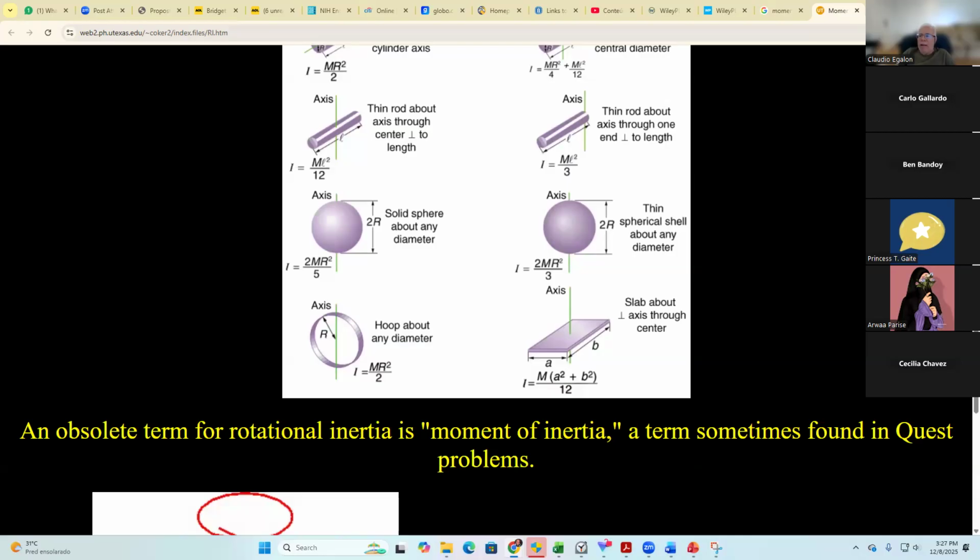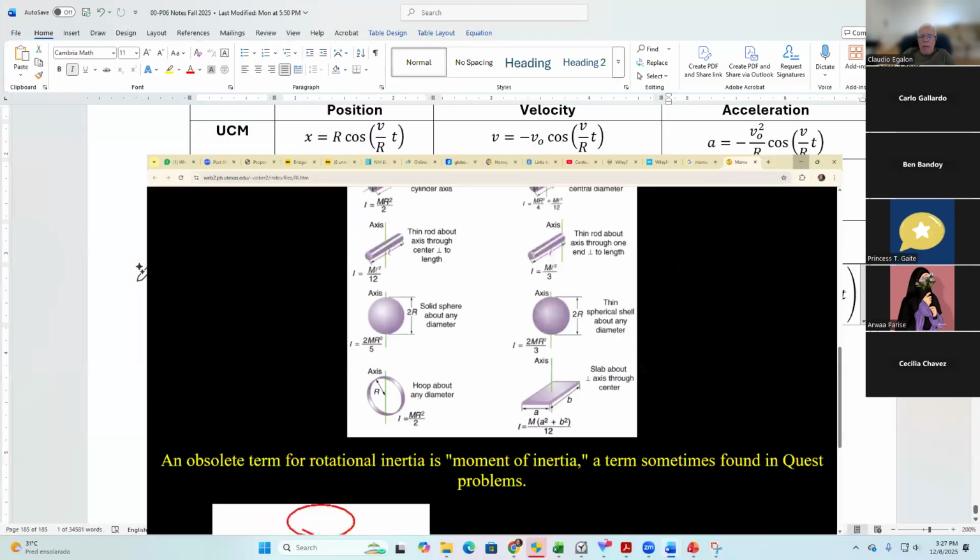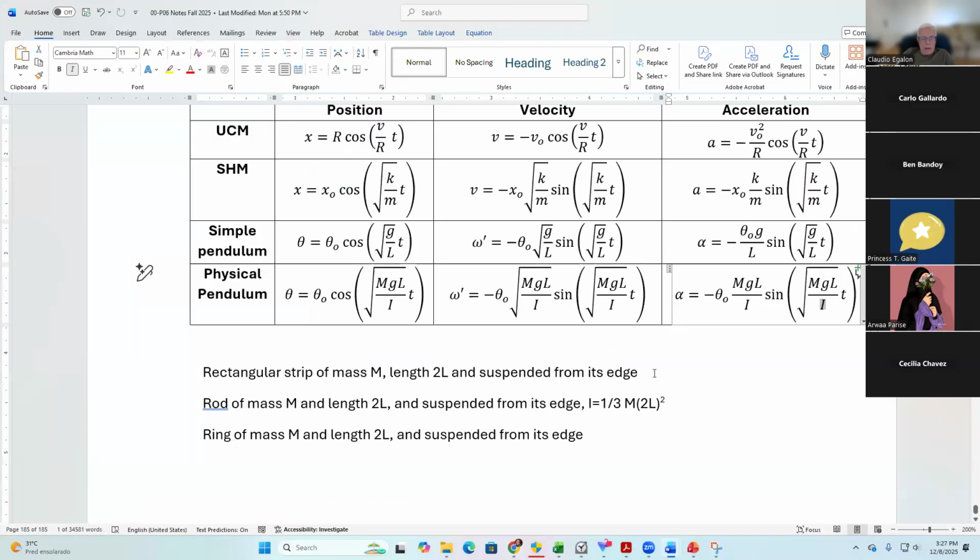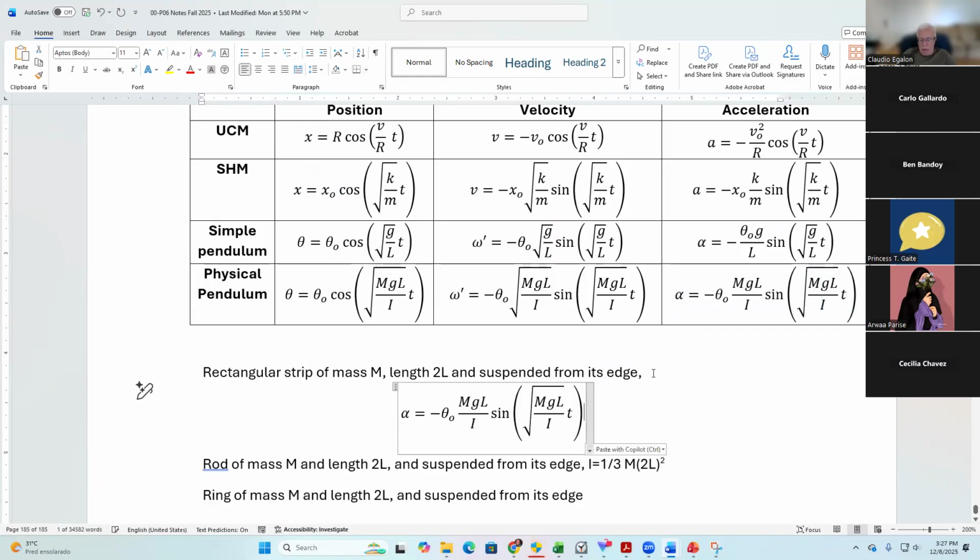So let's write it down. Rectangular strip, I. Those values for the moment of inertia I'll give to you in the exam, okay? Let's see, someone's trying to come in.